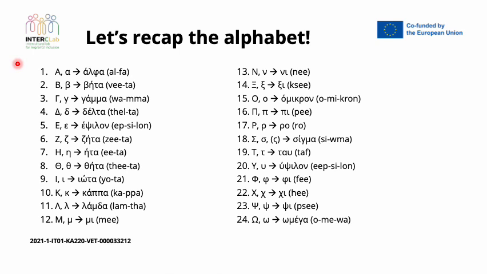Alpha, vita, gamma, delta, epsilon, zeta, eta, theta, iota, kappa, lambda, mi, ni, xi, omicron, pi, rho, sigma, taf, ypsilon, phi, chi, psi, omega.